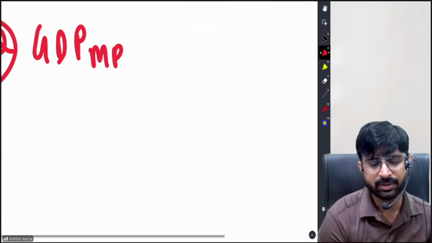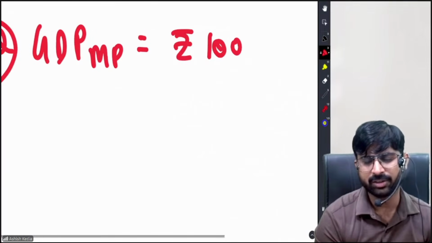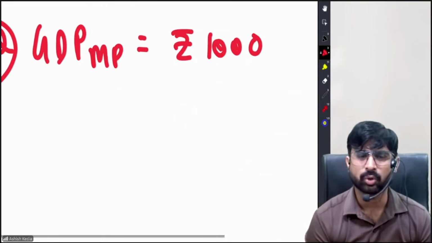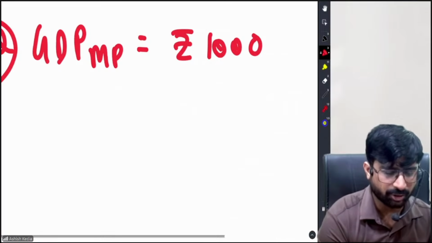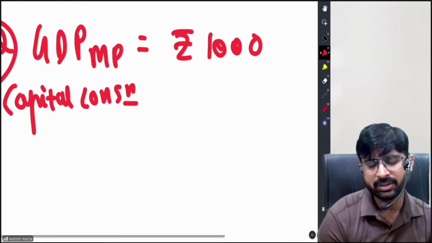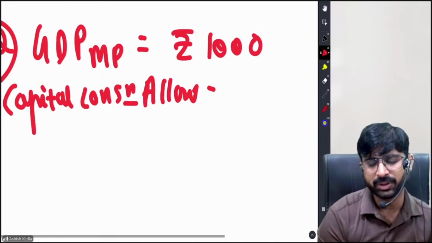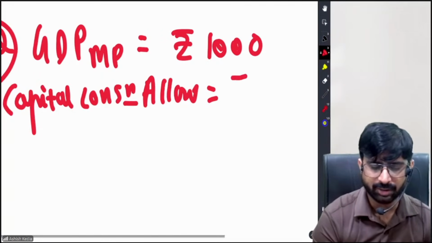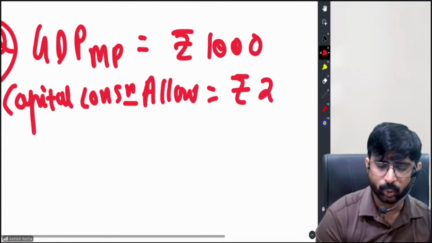GDP at MP is rupees 1000. Every figure is in crores, so I'm not writing crores again and again. Capital consumption allowance. Let it be very clear, class. Capital consumption allowance means depreciation. It's given to us as rupees 20.